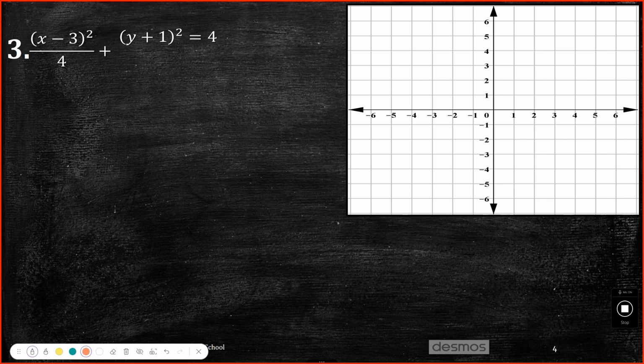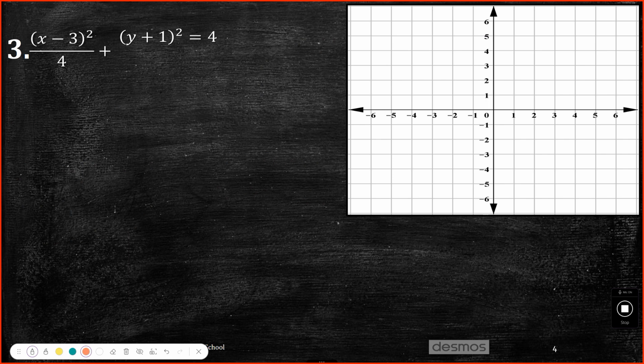We don't know yet. The problem is that it equals 4. It's not supposed to equal 4. If it is an ellipse, it has to equal 1.